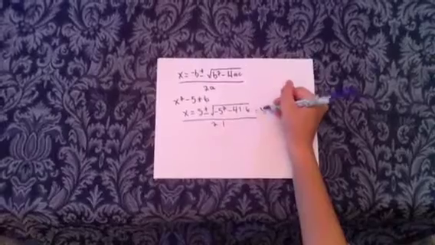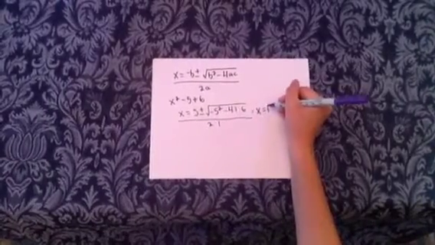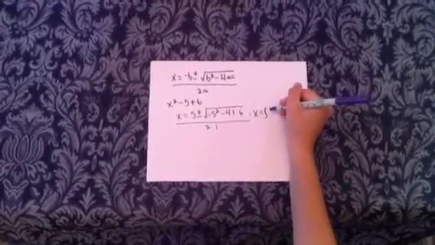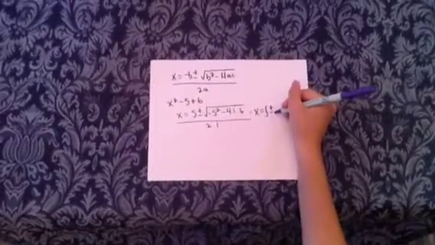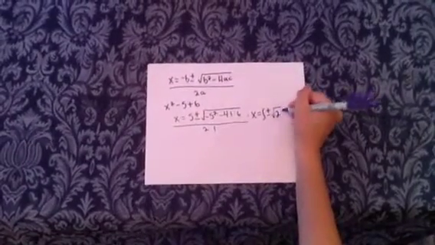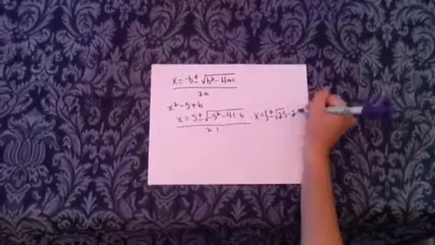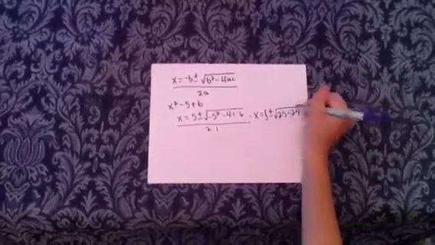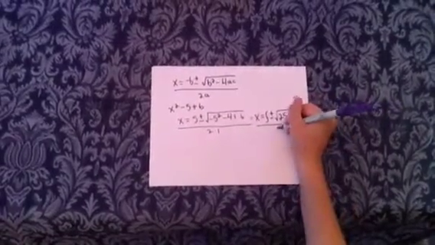X equals 5 plus or minus the square root of 25 minus 24 over 2.